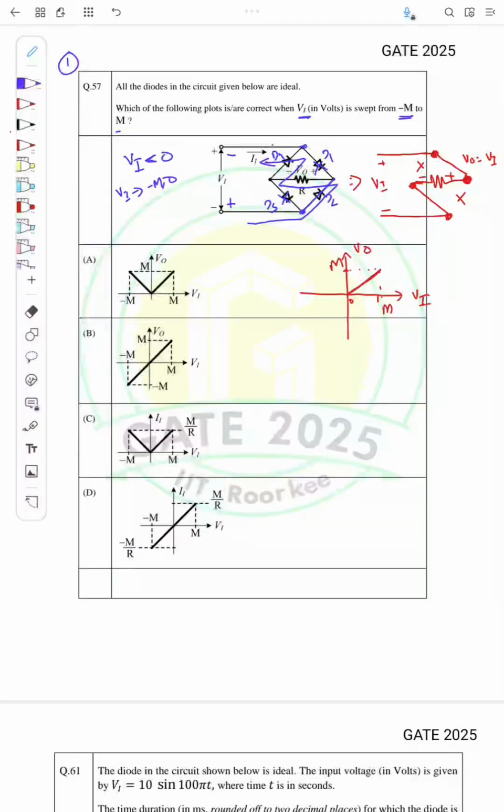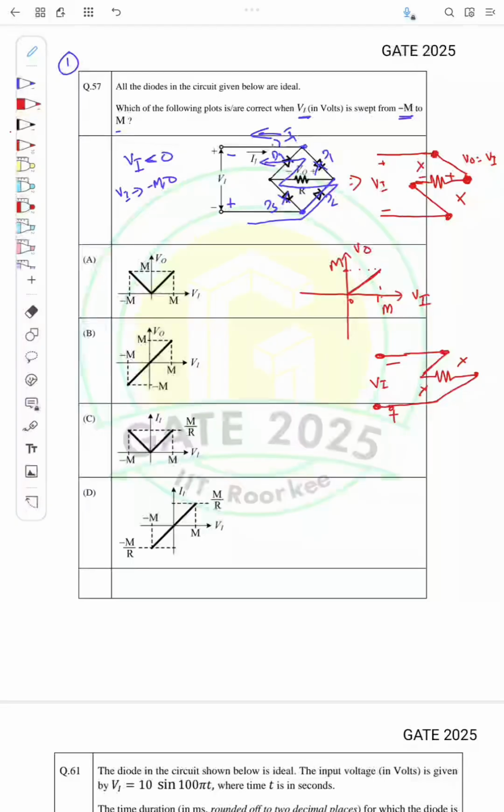So if you see here, the current I1 is reversed. I1 is in this direction actually. We will also draw the circuit here. Diodes are ideal, so the circuit will be like this. These two diodes are off, so this is Vi, and the polarity is here plus, here minus.